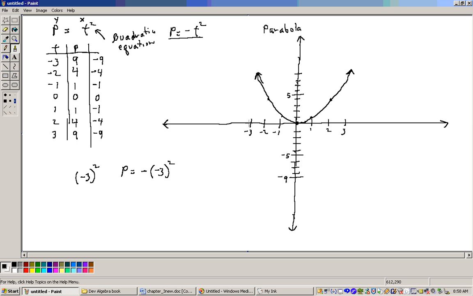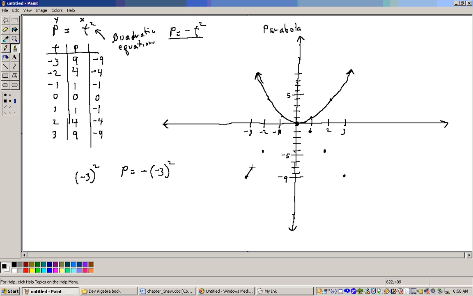Plotting these, -3, -9. Here's a point. There's a point at -2, -4. I'm just going through these points here. -1, -1 is a point. 0, 0 is a point. 1, -1 is a point. 2, -4, right about here, and then 3, -9, right about here.